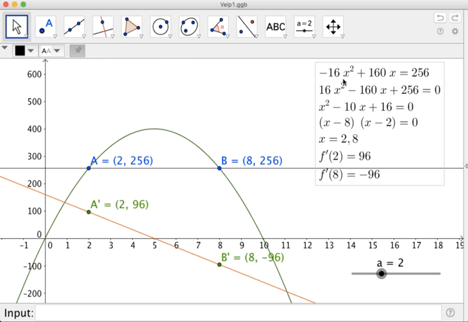To solve this algebraically, we set our function equal to 256 and solve, and we get x equal to 8 and x equal to 2.